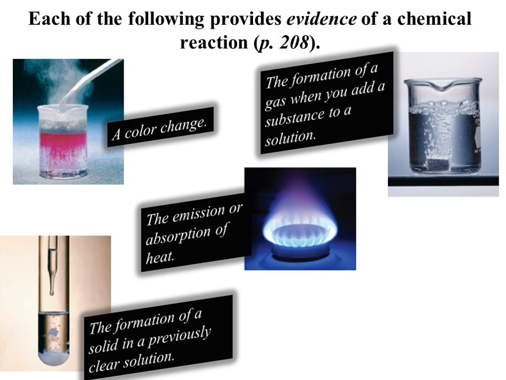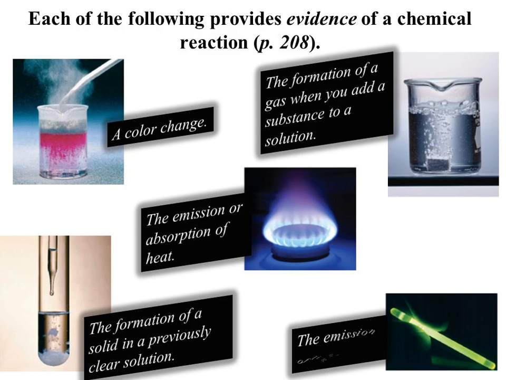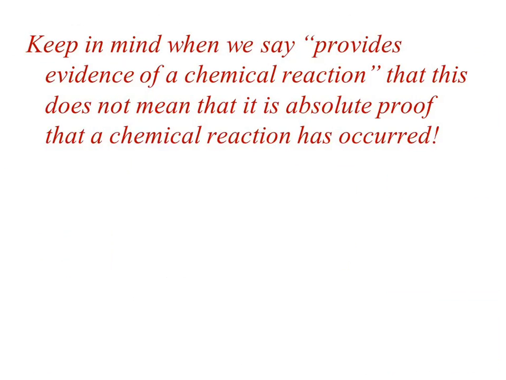If something gives off light, it may or may not be a chemical reaction going on. A chemical reaction by definition means you have to have something new. If you look after your process and you have the same stuff, no chemical reaction has occurred.